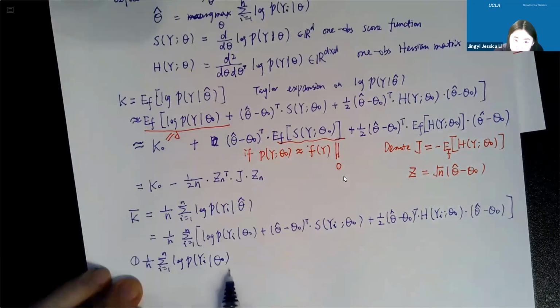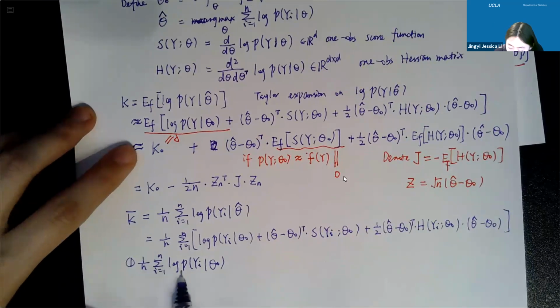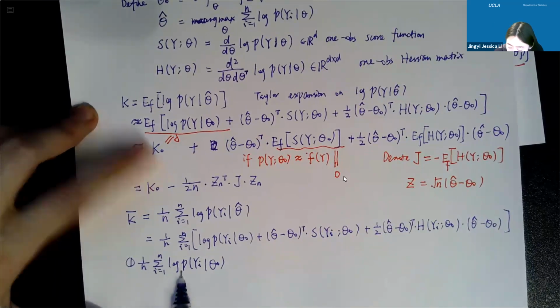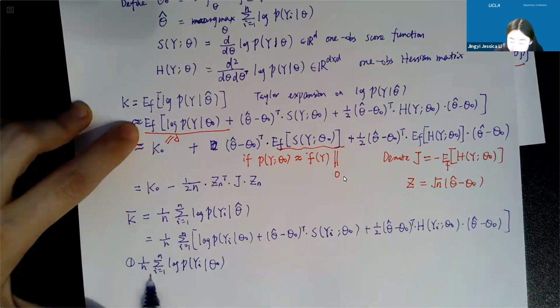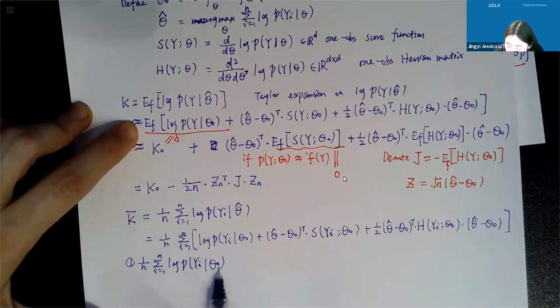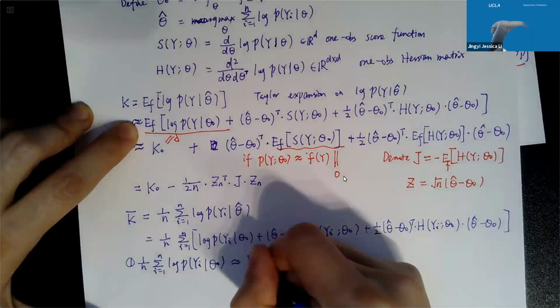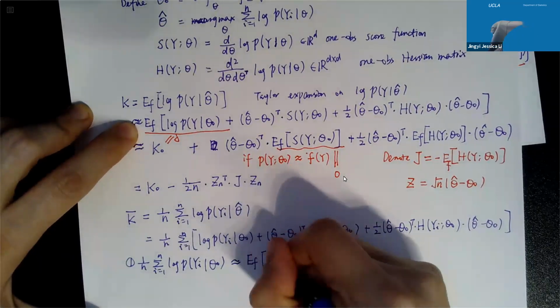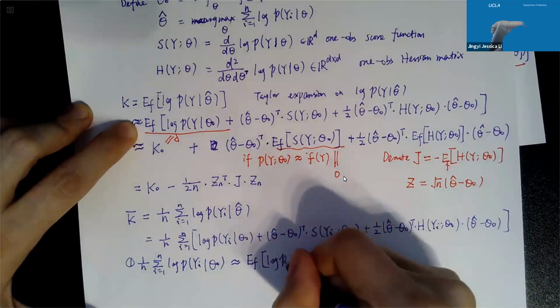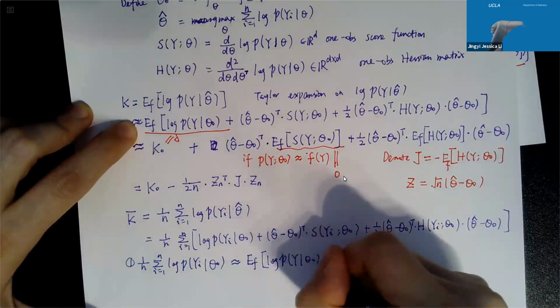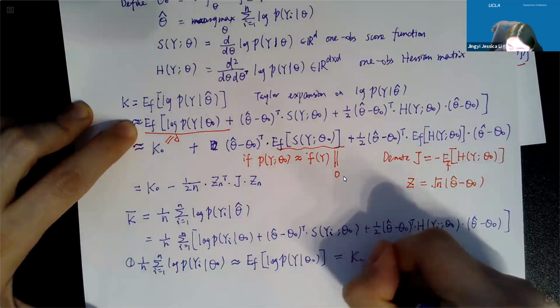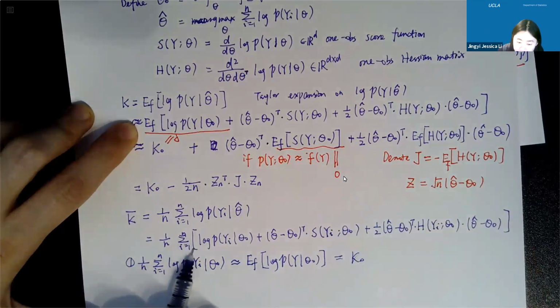For this one, we know it is an approximation of the K0. We have the average here and the expectation there, but because theta 0 is taken as a constant that doesn't depend on our data, if n is not too small, by the law of large numbers, this is a good approximation of the expectation of log p(y | theta 0). This is our K0. So we approximate the first term by K0.